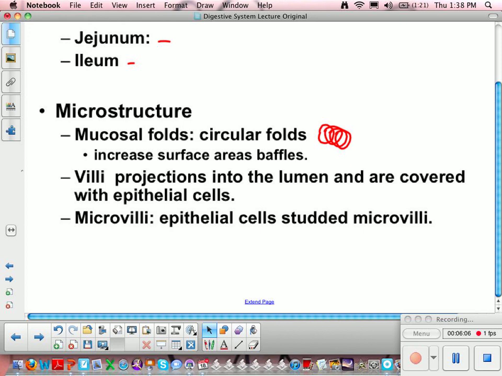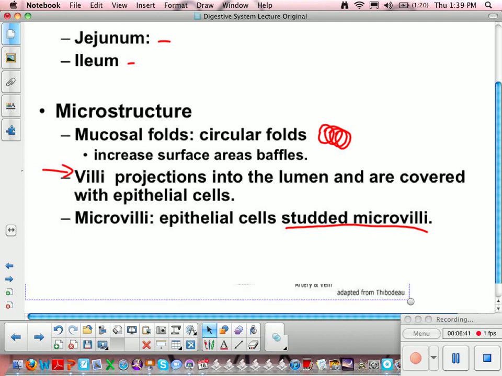And then within those folds, you have these villi projections. So the folds have projections that actually go into the lumen, and those are covered with epithelial cells. And then finally, those epithelial cells even have smaller microvilli, almost like cilia, that project further into the small intestine. This whole folding and projecting idea is so that we can increase surface area so we can absorb more food and more nutrients, I should say.